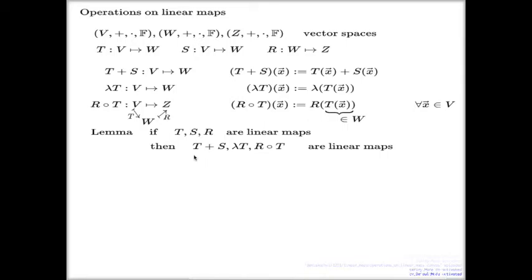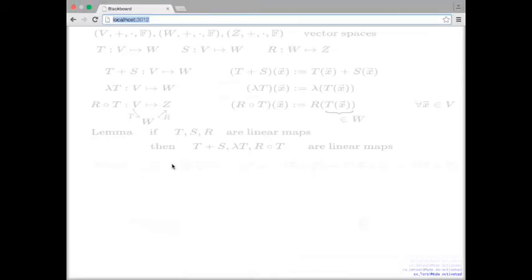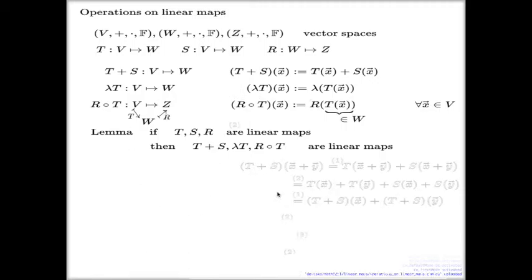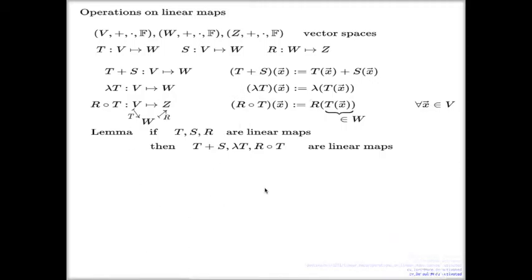You need to check these requirements for each of these linear maps: for the sum, T plus S, for the scaling, lambda T, and for the composition, R circle T. As far as I remember, yes, this slide has everything. Writing-wise, it's a long proof. I'm not going to open everything. I'll just show you the argument for the composition. For the rest of it, I encourage you to try to recover the proof on your own. If you struggle, you can open the slide and see the details.